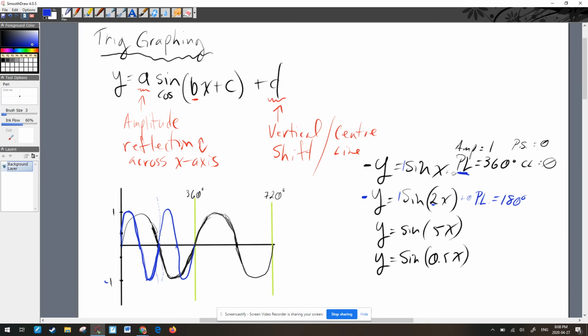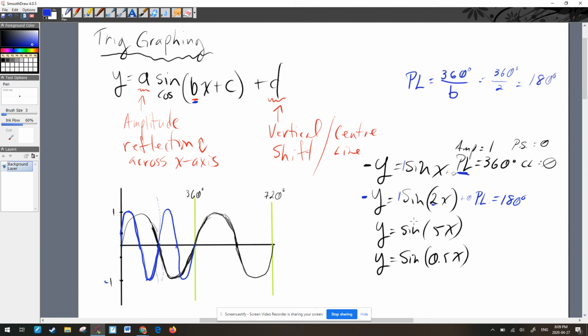Now I'm going to let you in on a little hint. This letter here, this B, is what we can use to figure out our period length. For sine and cos, the period is always going to be 360 degrees divided by whatever that B is. So for this one, it's 360 degrees divided by 2, which is 180 degrees. That's where that 180 came from.